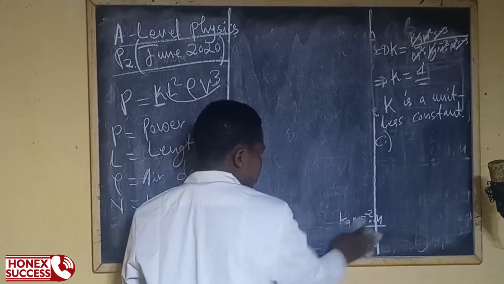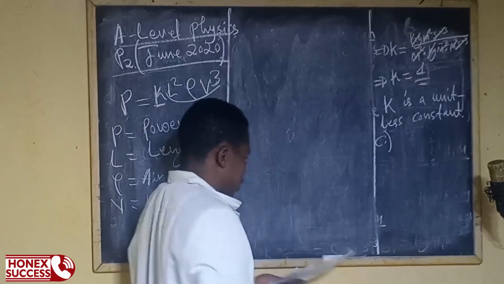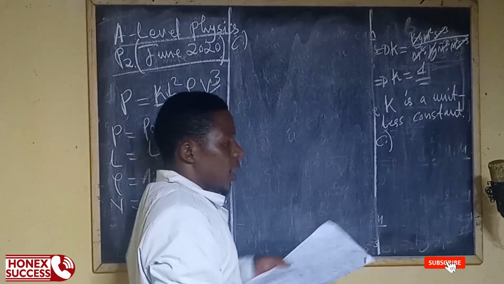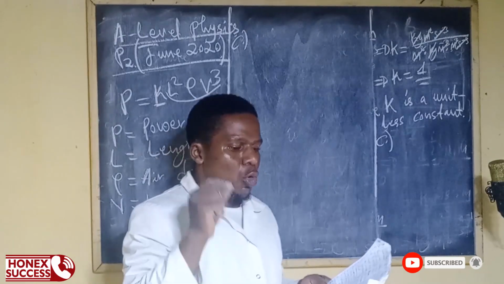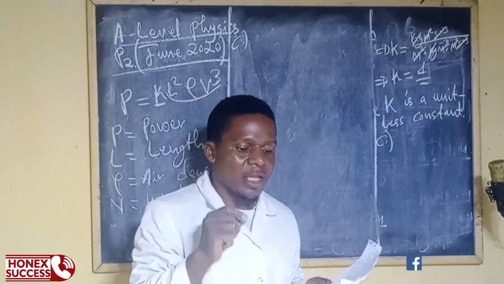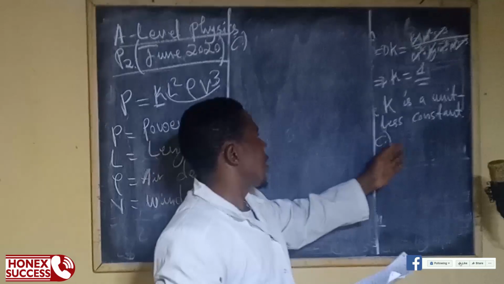Okay. What are the shortcomings? When you use homogeneity, you will realize that homogeneity cannot be used to check the correctness of a unitless constant, like this one that we have had. K is a unitless constant.